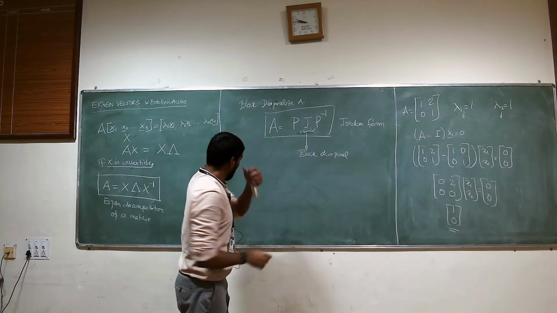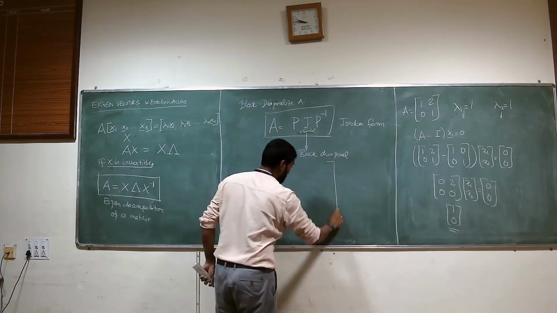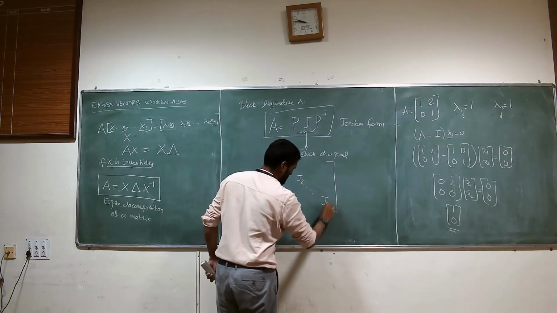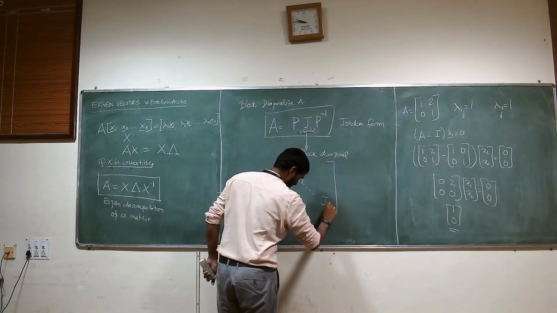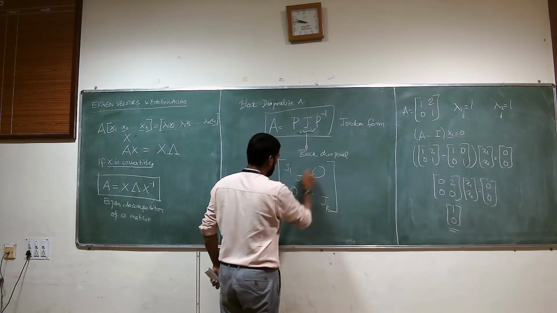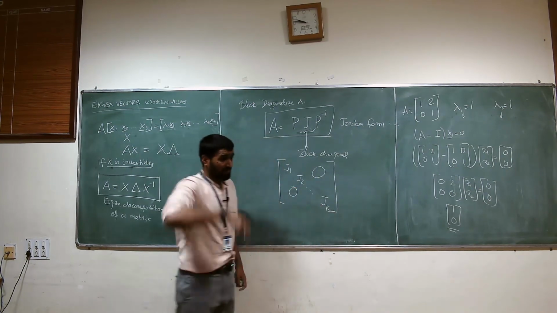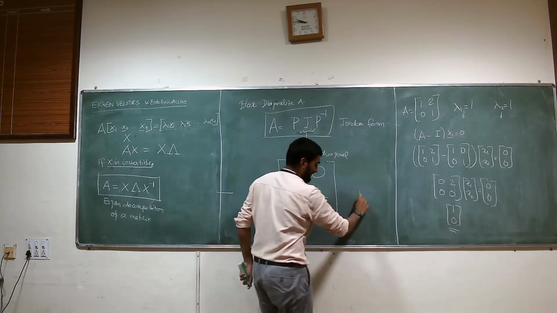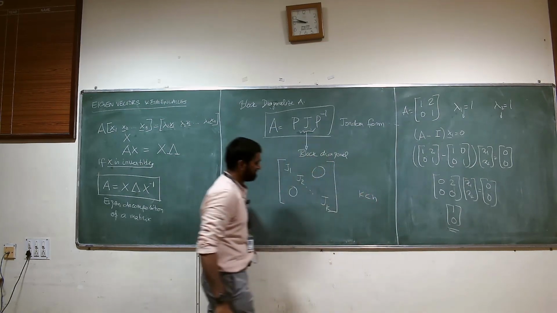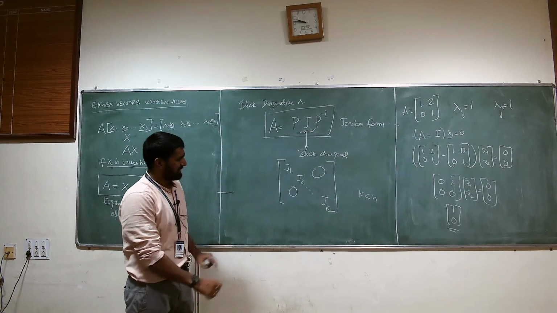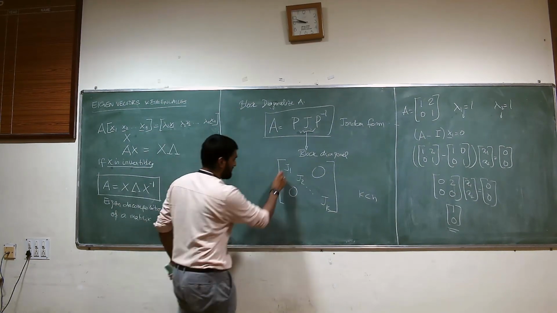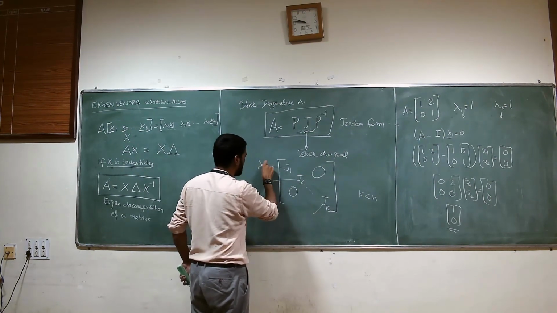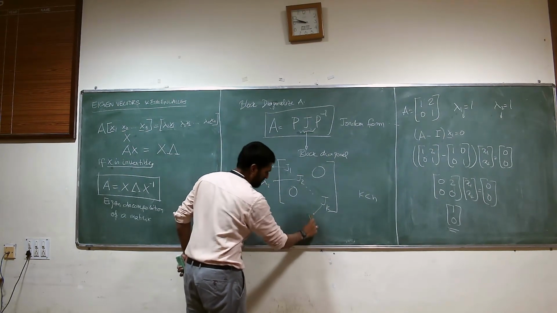Okay. That means J would have this form J1, J2, J K, and this is all 0. And each of these is a matrix. And of course, K is less than N. And each of these matrices corresponds to a specific eigenvalue, lambda 1, lambda 2, lambda k.